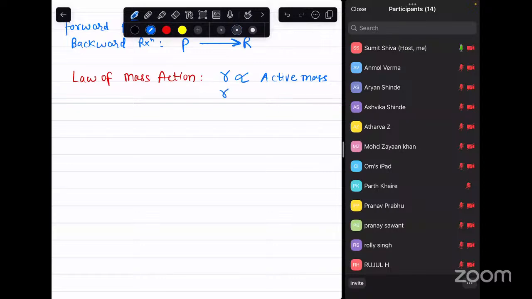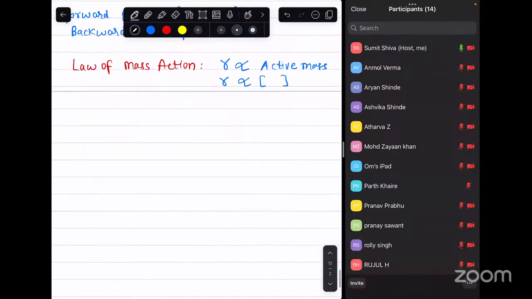So rate of a reaction R is directly proportional to active mass, and in some special cases this active mass is taken as the concentration of the reactant or the concentration of the product, which implies that greater will be the concentration, greater will be the rate of the reaction.